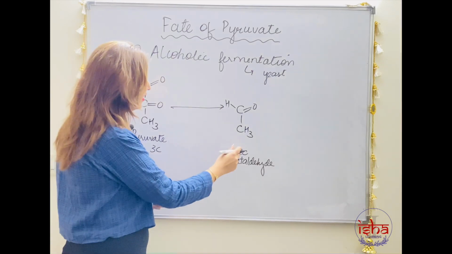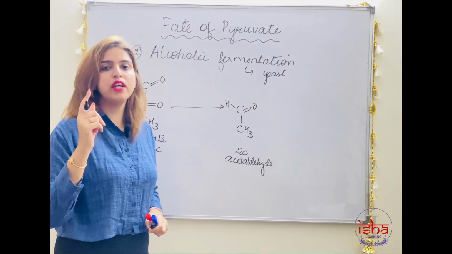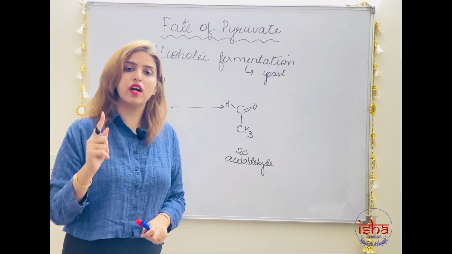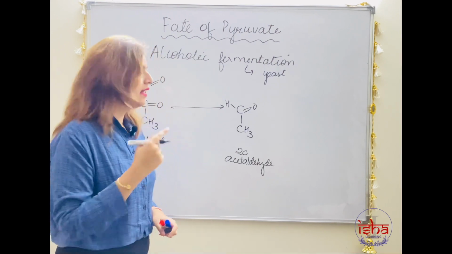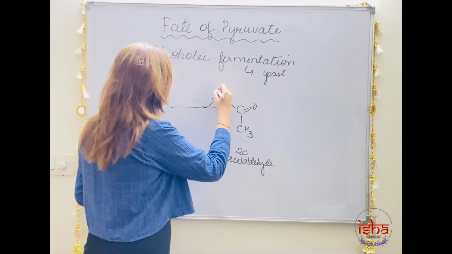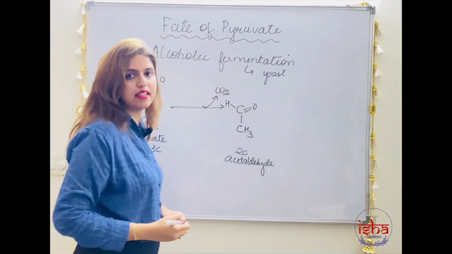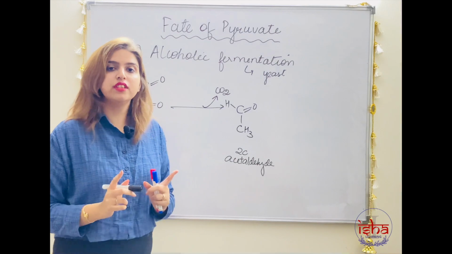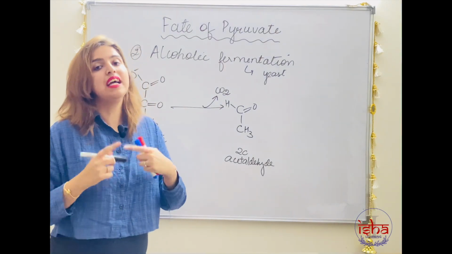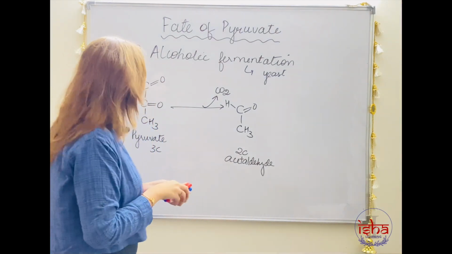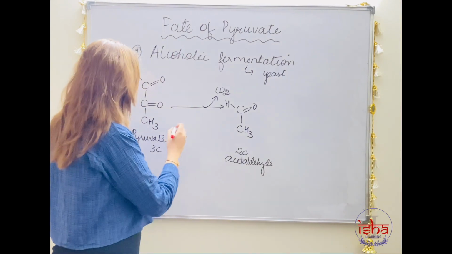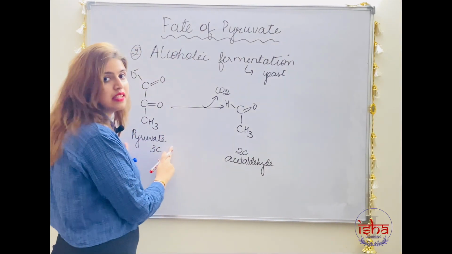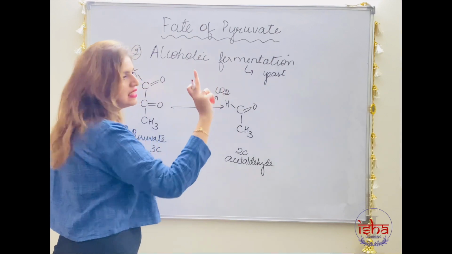Now you see 3 carbon to 2 carbon, we are losing one molecule of carbon. Where is it going? It must be evolved as carbon dioxide, right? Now we know all biological reactions have catalysts known as enzymes. So the enzyme involved here is going to be pyruvate decarboxylase.